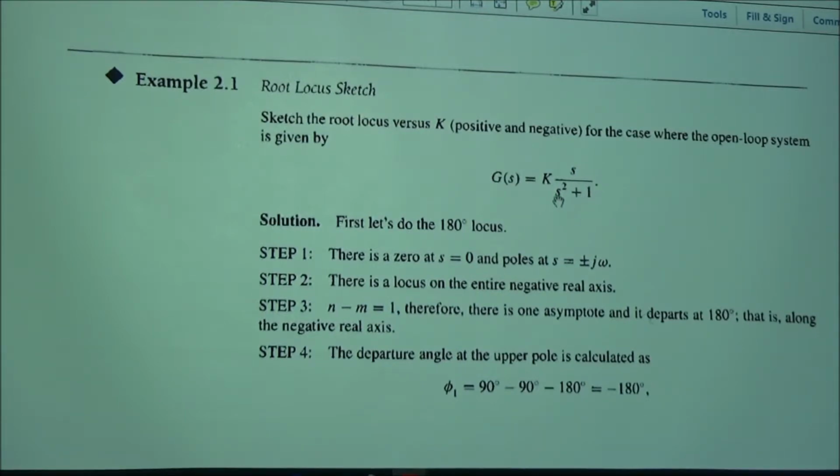Now n minus 1, 2 minus 1, one asymptote exists, and the departure angle is 180 degrees because if you look at that, it's basically 2 times 90 degrees, which is what you have here.